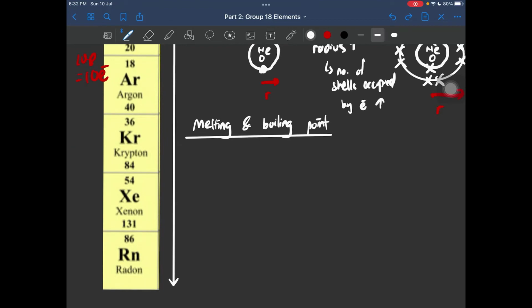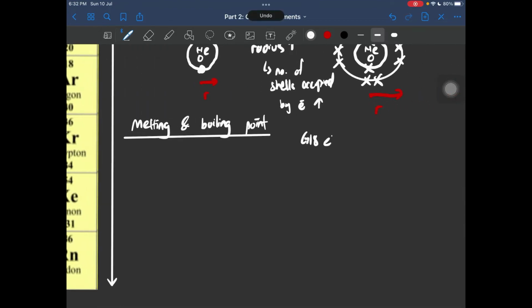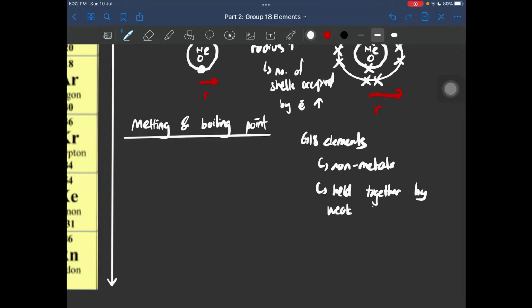Next, let's talk about the melting and boiling point. We know that the group 18 elements are non-metals, and because they are non-metals, they are held together by weak van der Waals forces of attraction.